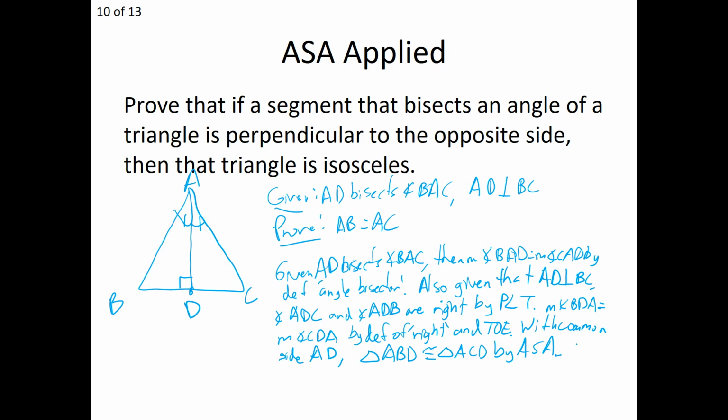So then I can invoke CPCTC: AB is equal to AC, right? AB is equal to AC. Moreover, triangle ABC is isosceles. QED. There we have it.